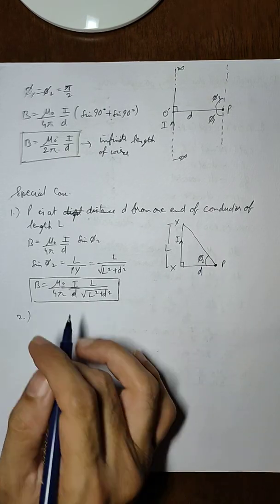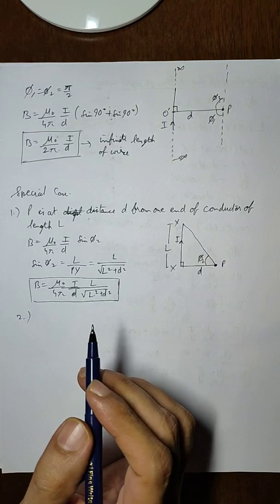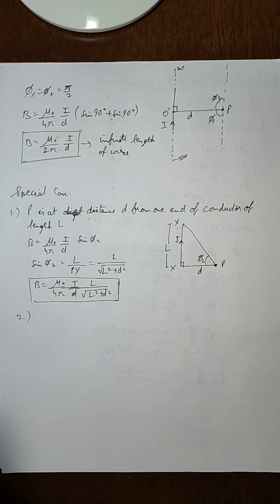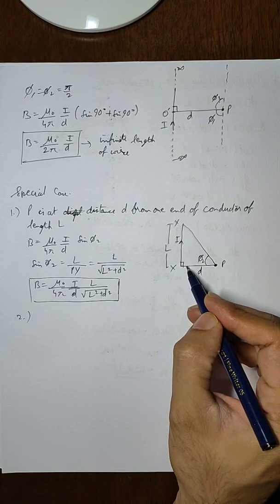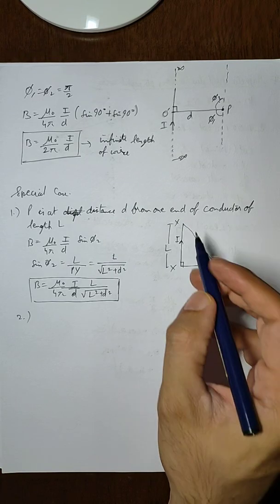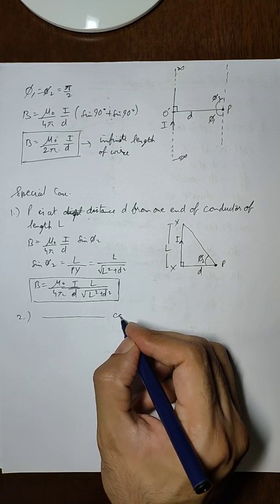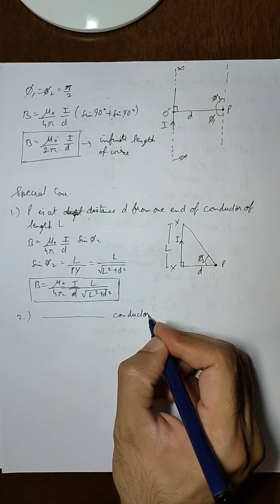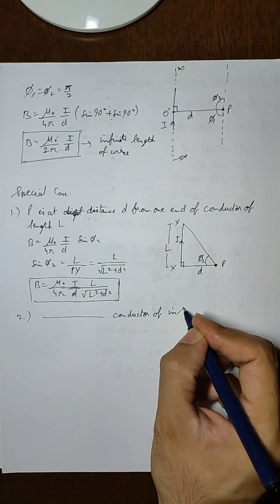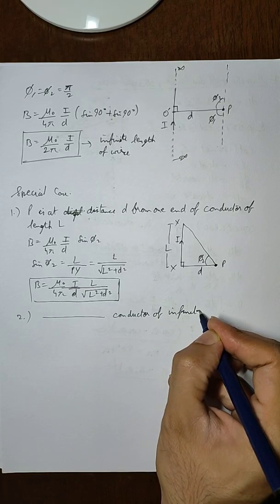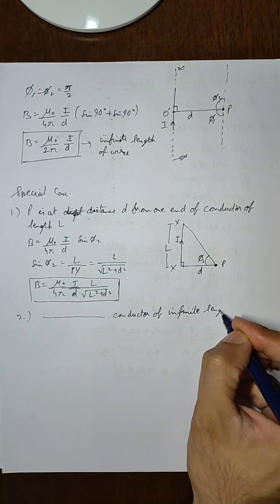There can be another special case in which P is at perpendicular distance from one end and the wire is infinite. So it will be the same as above, but the conductor is of infinite length.